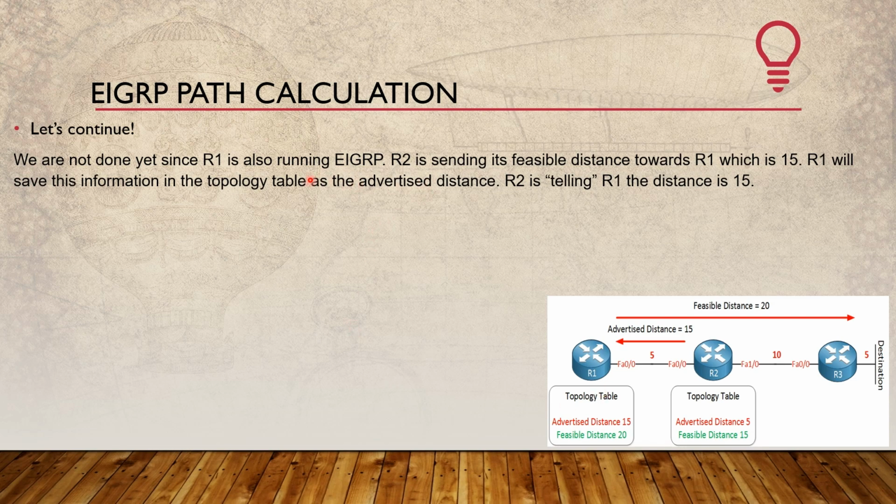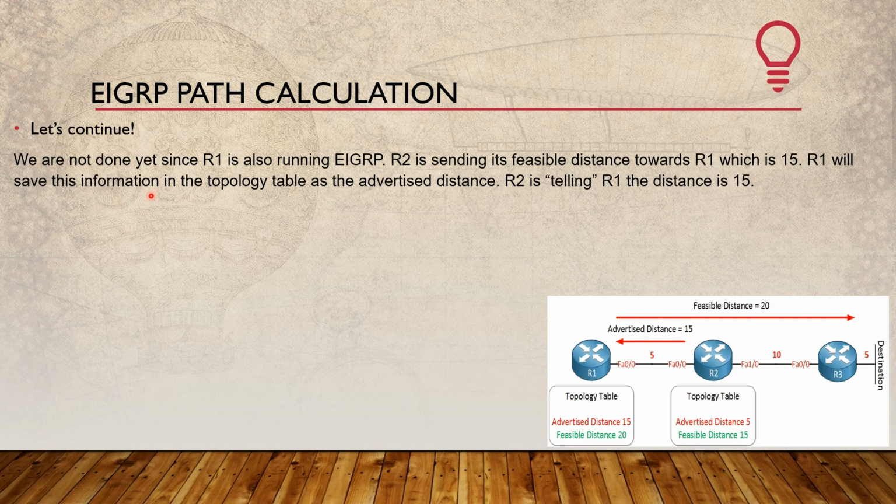Now R1 is also running EIGRP. R2 is sending a feasible distance to R1, which is 15, meaning via R2 we can reach the destination with a metric of 15, and that is advertised to R1.